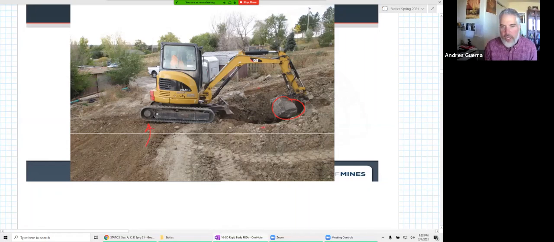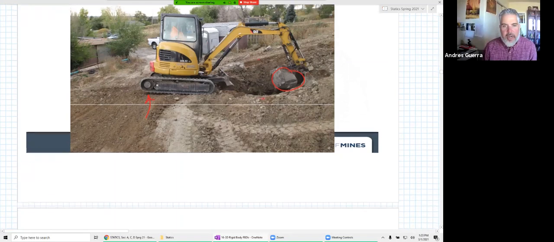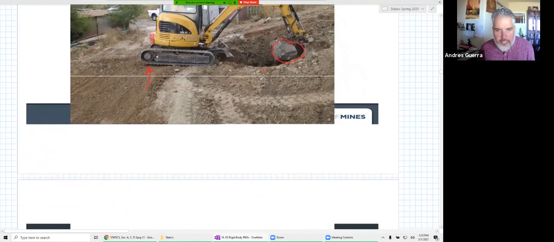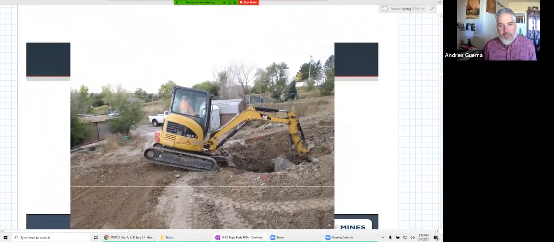We start to lose contact with the ground. Then some of these operators get a little bit crazy. This person knew they were going to catch themselves, but look at what happened. When overturning occurs, the normal force is going to be all the way at the tip of that spot.